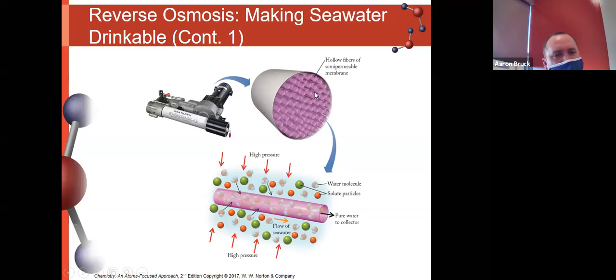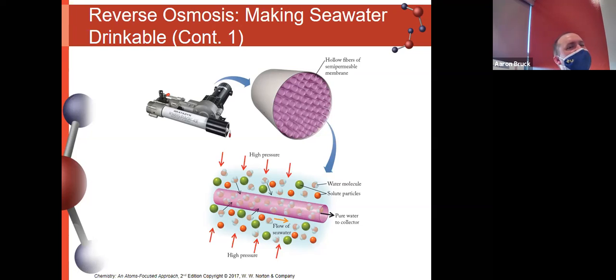Inside of these tubes are all semi-permeable membranes. And so what happens is that they pump water through these larger tubes, but they do it at a high enough pressure that basically the process of osmosis gets reversed.